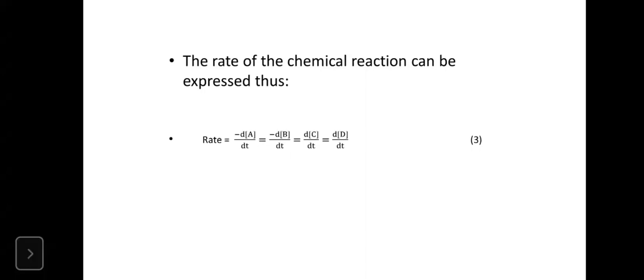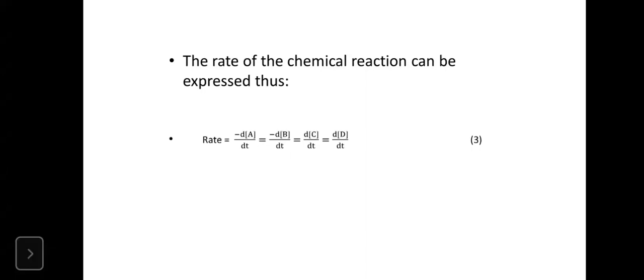It's equal to minus the rate at which B is decreasing. What is d[A]/dt? That is the time rate of change of concentration of A, and that is what you refer to as the rate of the reaction. You can use A to represent the rate of reaction of equation 2, or you can use B, C, or D.